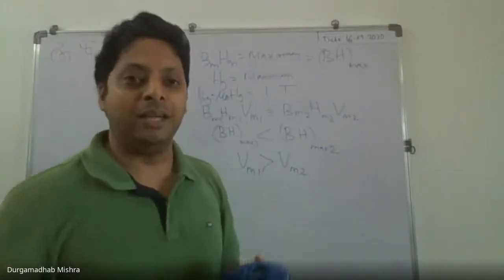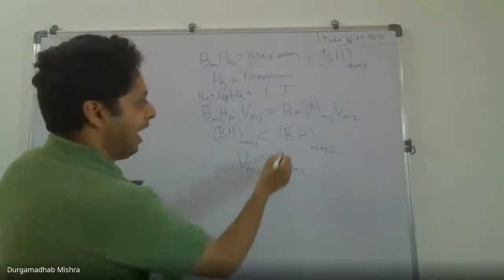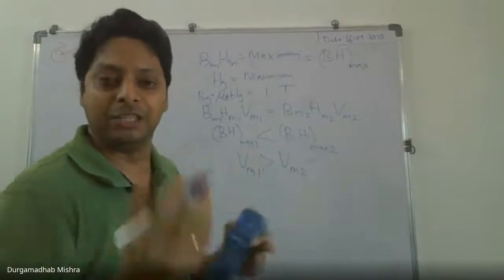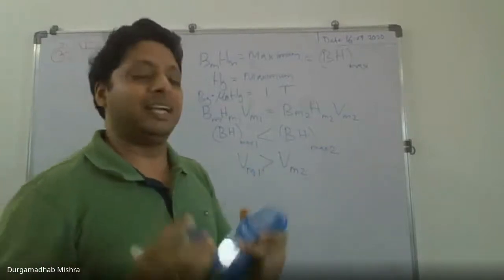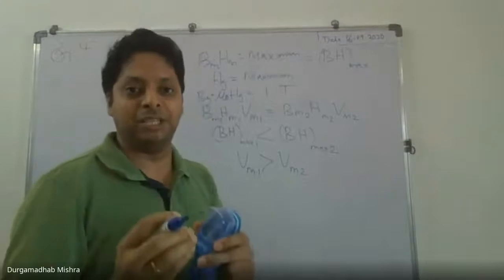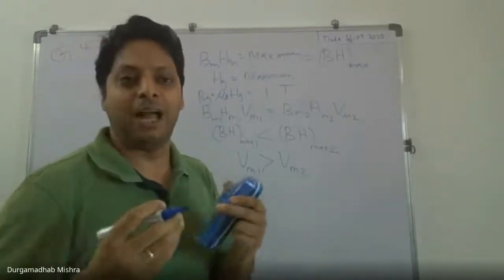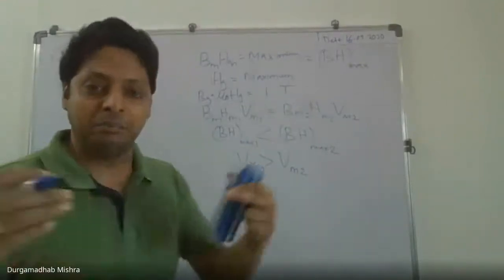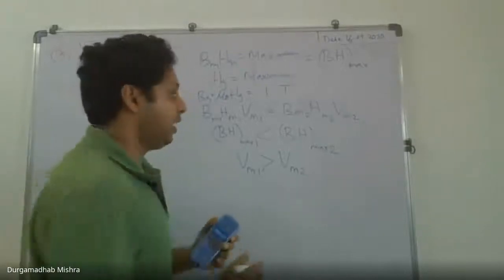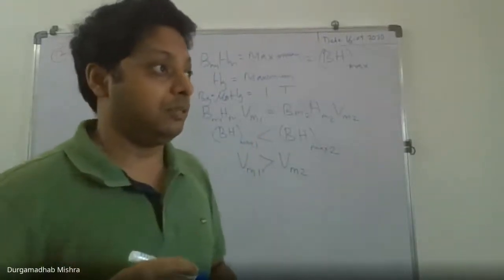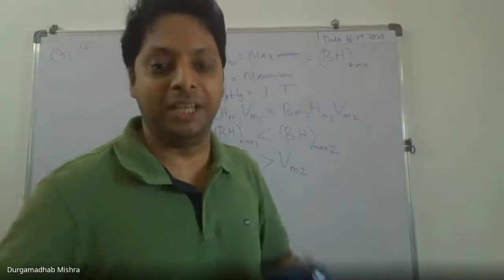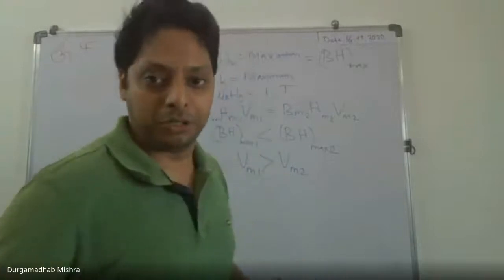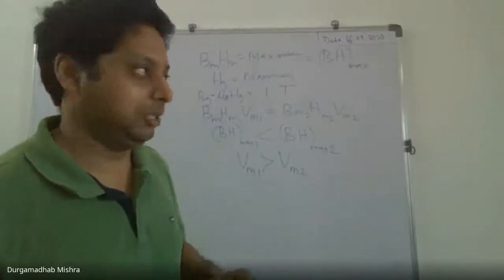So the higher the BH max, the energy product, the smaller the volume of material you can take and still get a high field. You can miniaturize your devices, and that's why research into materials which can give a very high energy product is quite necessary.